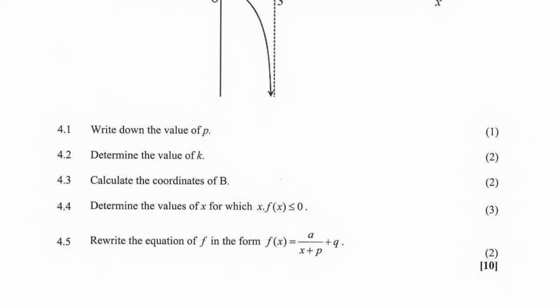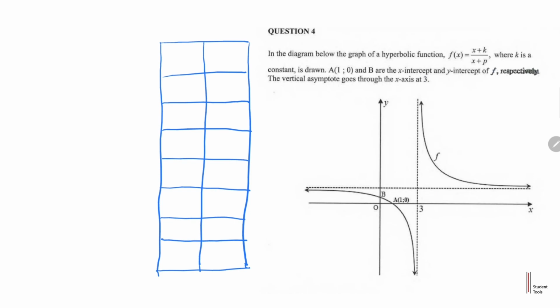4.4. Determine the values of x for which x multiplied by f of x is less or equal to 0. Right, so to do this, I want us to create a table to find these values. All right, now we have our table.